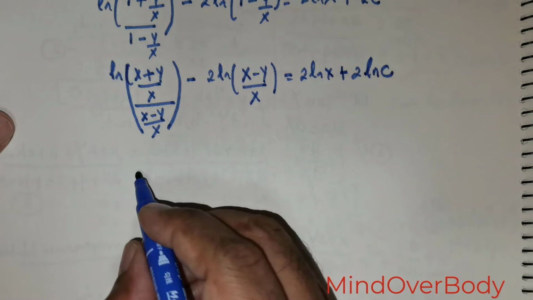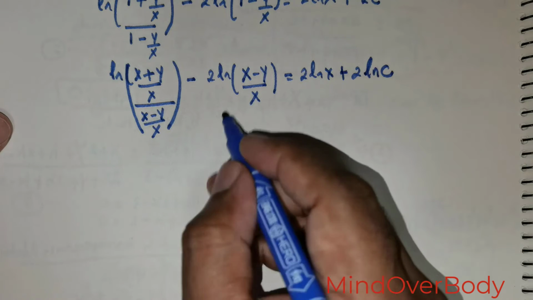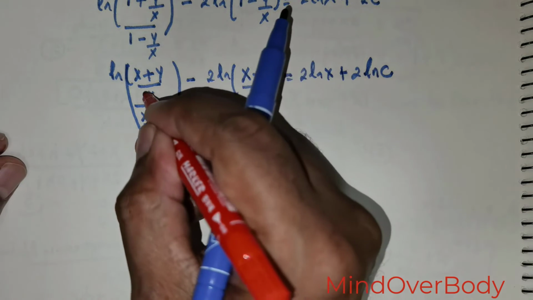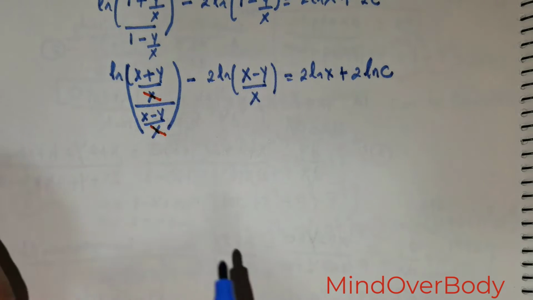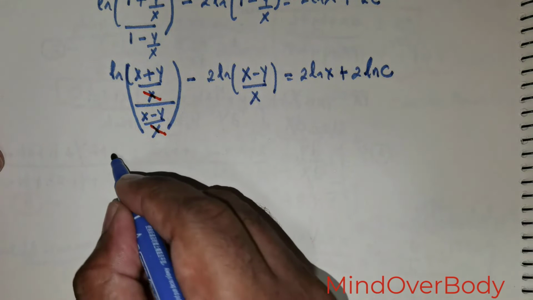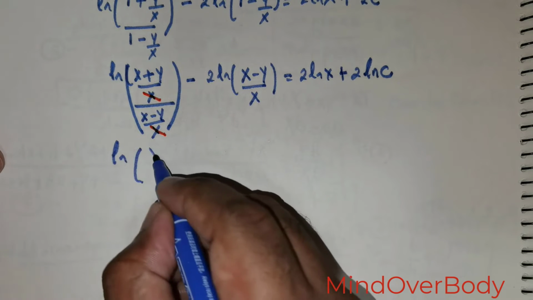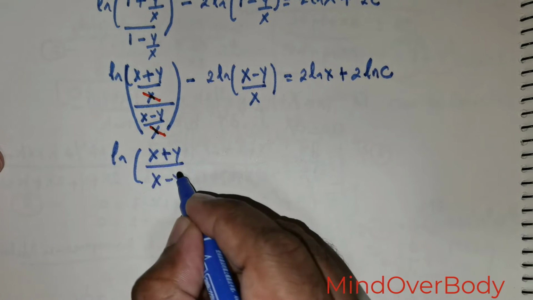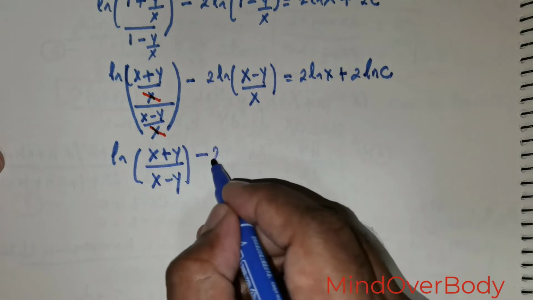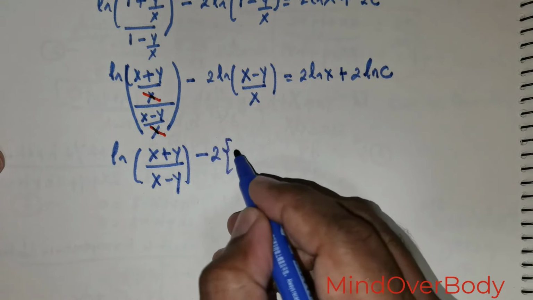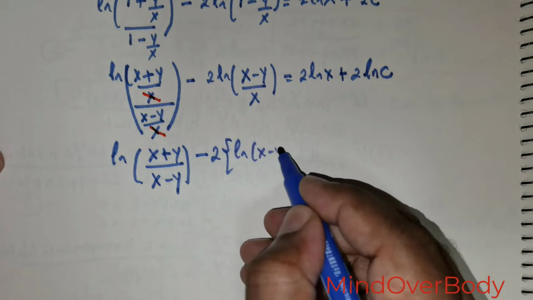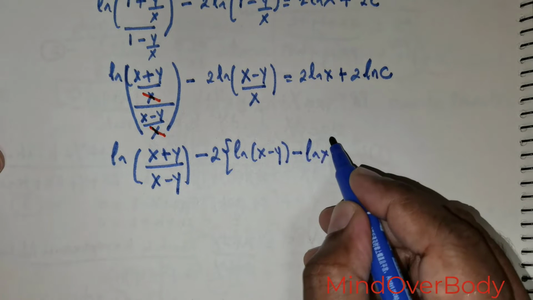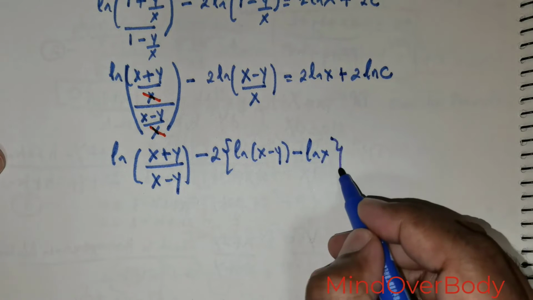Now what we can do is rewrite this. In this case the x and x can be cancelled here, right? So that would mean I get ln of x positive y divided by x negative y, negative 2 times, I can rewrite this as ln of x negative y negative ln of x, right?